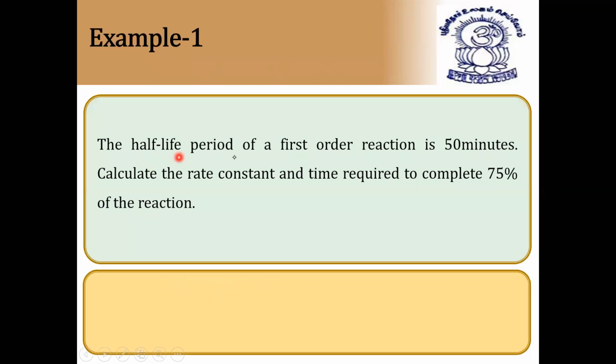Now, the half-life of a first order reaction is 50 minutes. Calculate the rate constant and the time required to complete 75% of the reaction. Very, very simple question. They're asking, half-life T half of first order reaction is 50 minutes. So T half is equal to 0.693 by K, which implies K, because that is called rate constant, K is equal to 0.693 by T half.